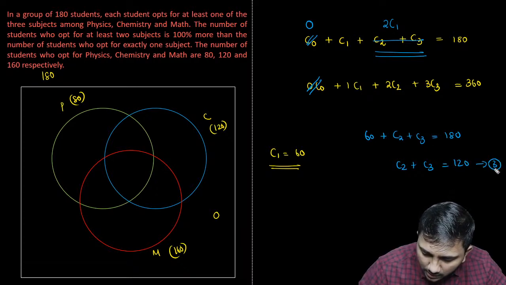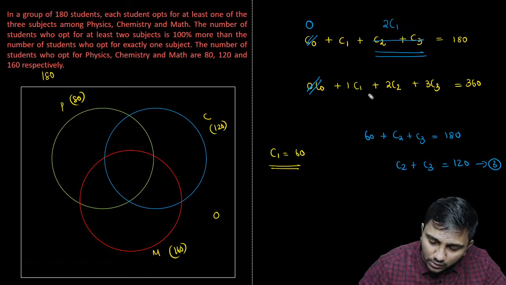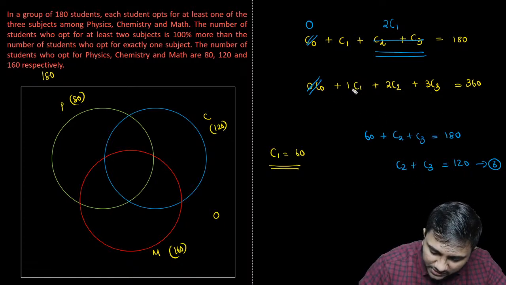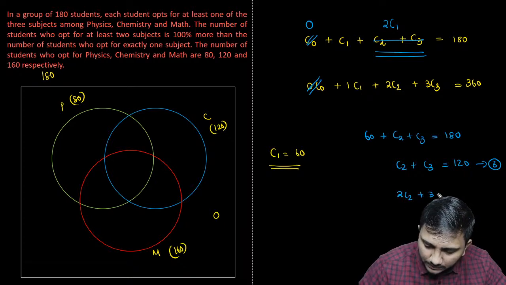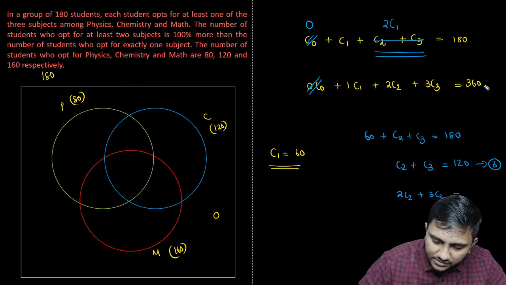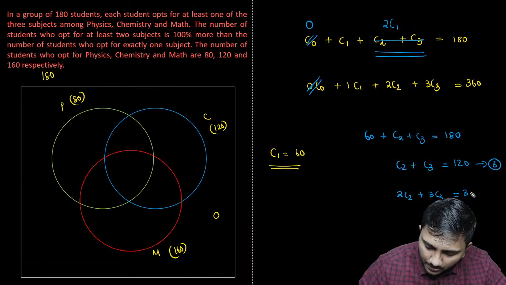Let's say that's our equation 3. And this equation also will get modified. I'll have to put 60 here. So it will become 2C2 plus 3C3 is 360 minus 60, 300, that's our equation 4.